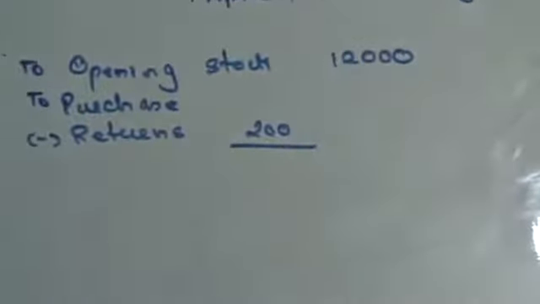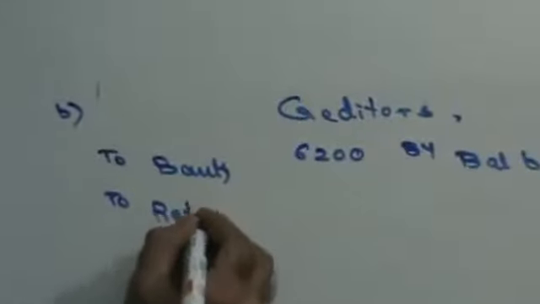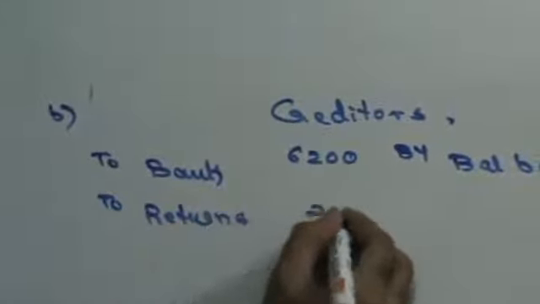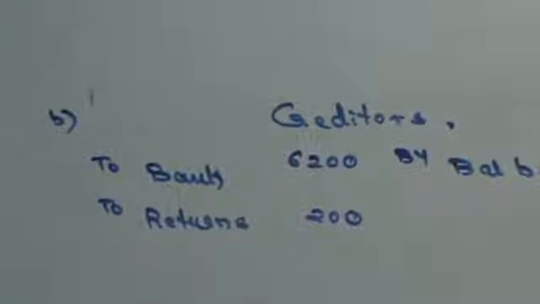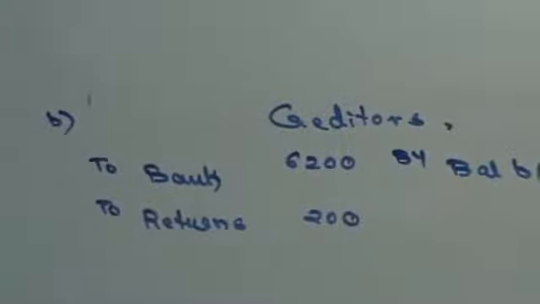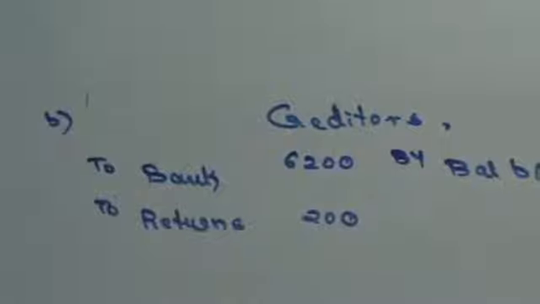Second effect of purchase return is going to be in creditors account on the debit side, to returns 200. So purchase return is going to have two effects. One, in your memorandum of trading account you will less from purchases. Second, in creditors account on the debit side you will write to returns.